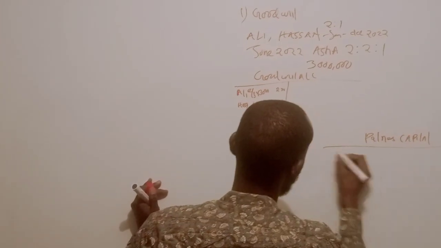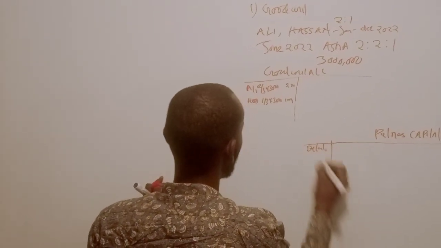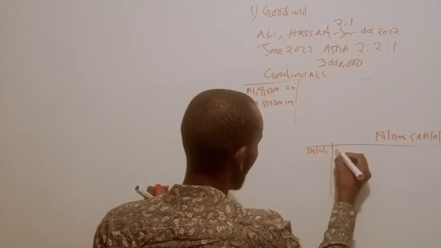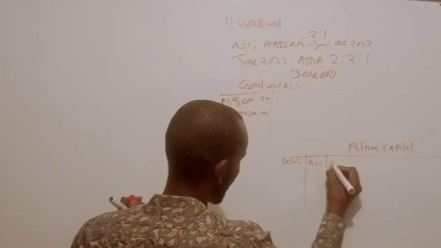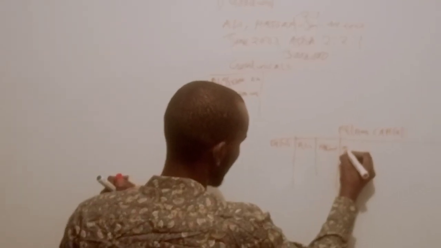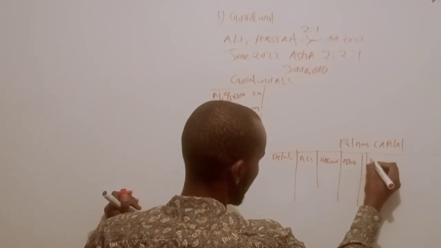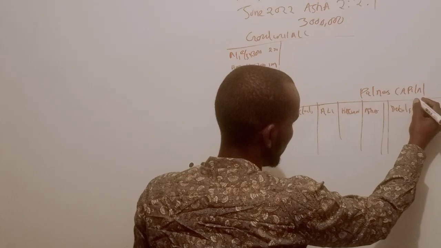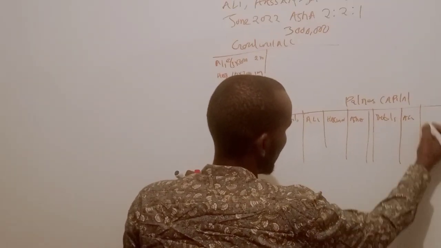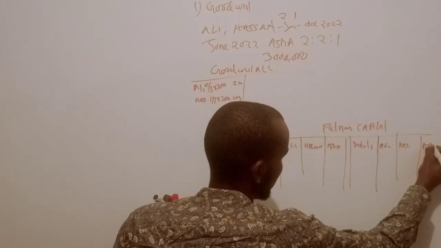Whereby we have here the details. Let's have the 3 partners. We have Aisha, we have Ali, we have Hassan, and we also have Aisha. So this is the debit. Then we are going to have the details: Ali, Hassan, and then Aisha.